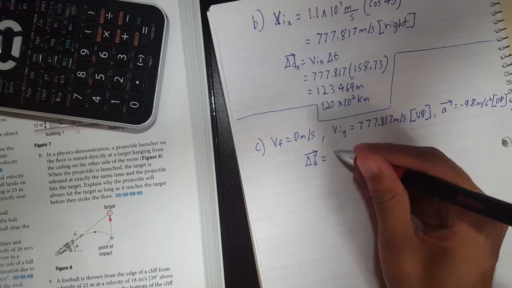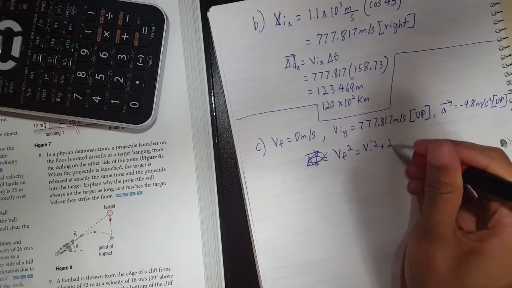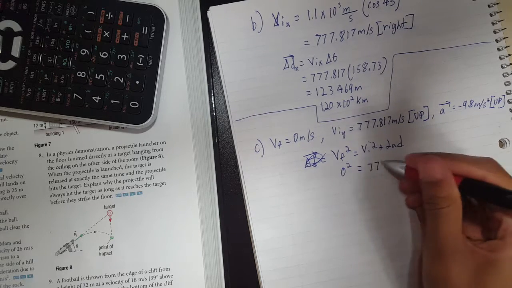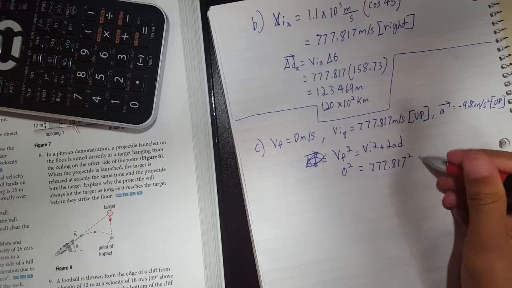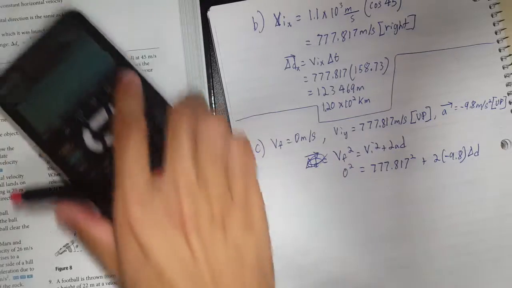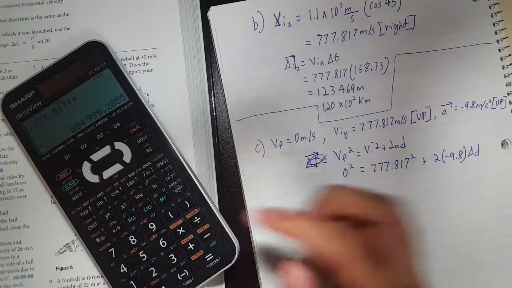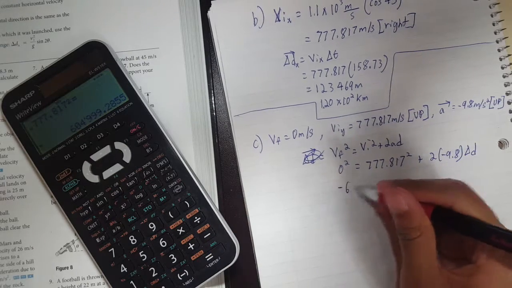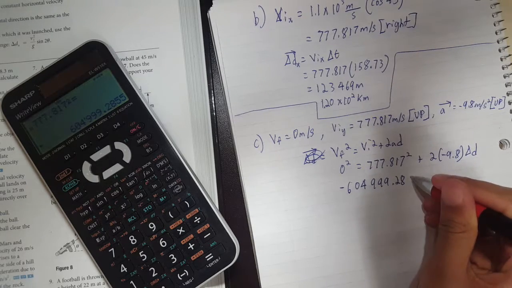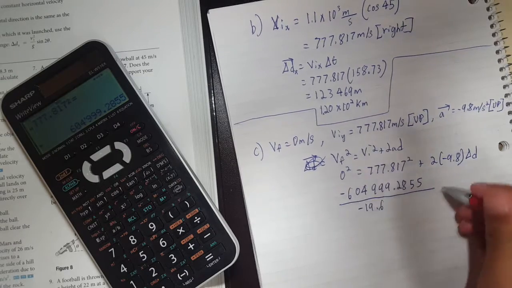And now we're told to find the maximum height. So we can just use this formula. We can just use Vf squared equals Vi squared plus 2AD. Vf squared is 0. Vi squared is 777.817 squared plus 2 times negative 9.8 times displacement. We move this square to the other side, so we get negative 604,999.2855 divided by negative 19.6.